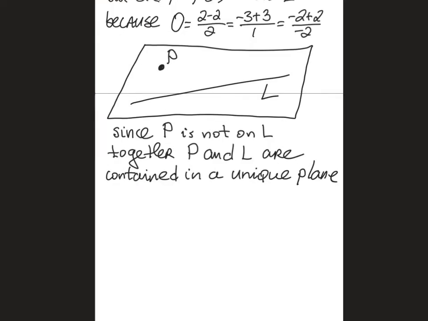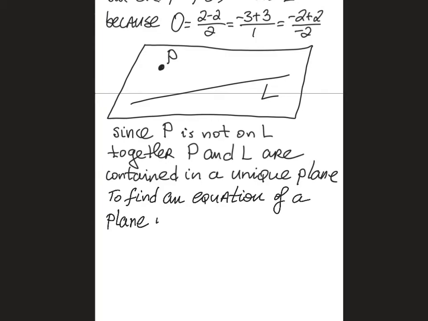So there are several approaches of finding the equation of this plane. In general, to find an equation of a plane, we need two things. We need a point on the plane. Any point on the plane will do.